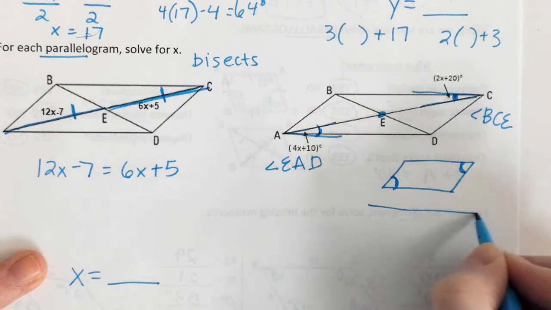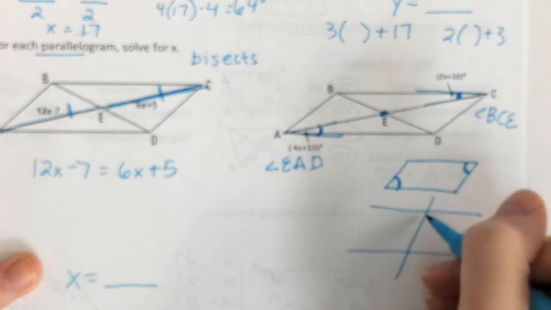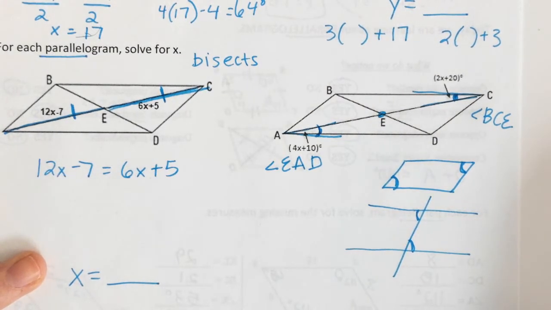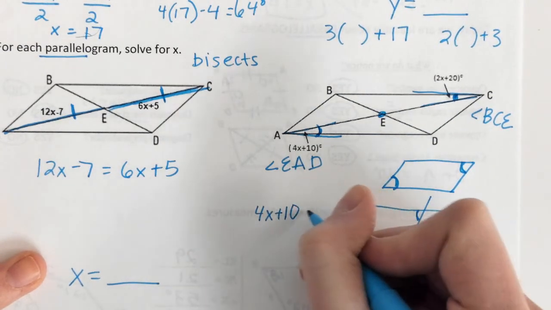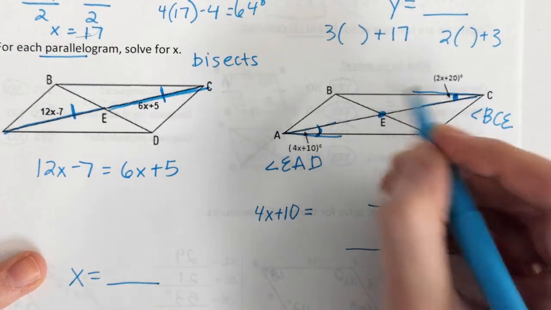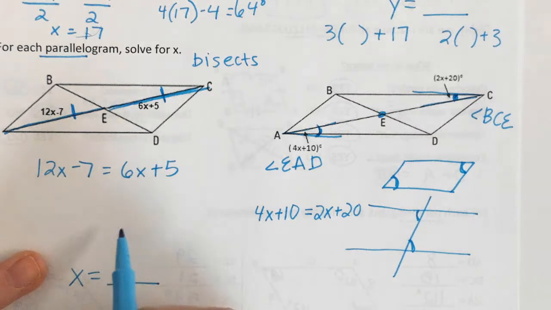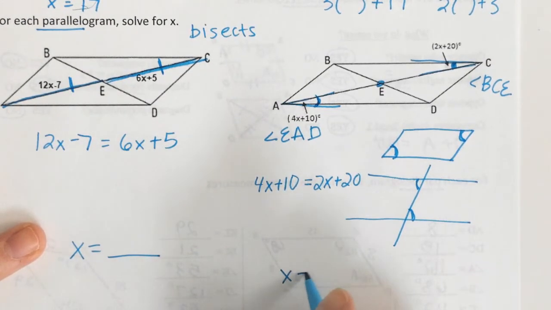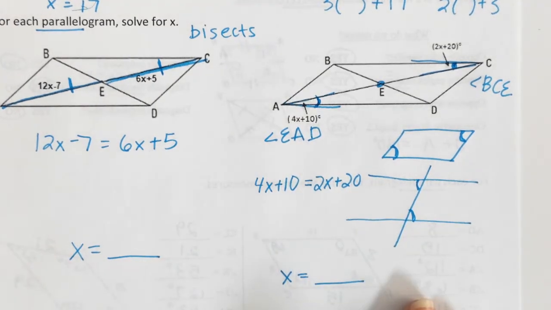It's just like how we learned parallel lines and how these little pieces on the insides are equal. So 4x plus 10 equals 2x plus 20. And again, just like over here, I want you to show your work. You need to solve it all the way down until you get what x equals. And again, I will be checking this next class when I see you.